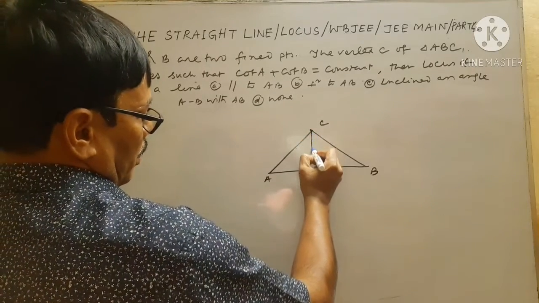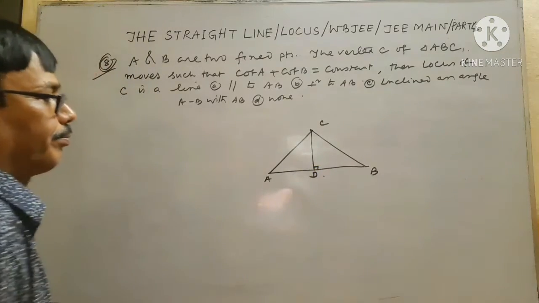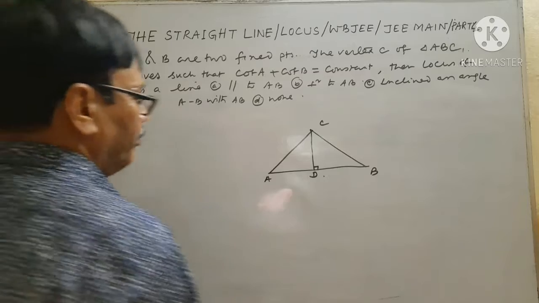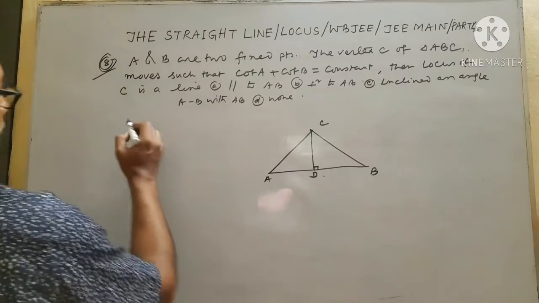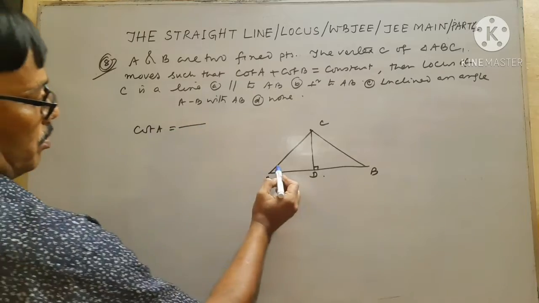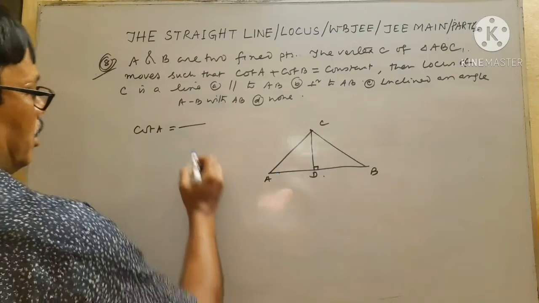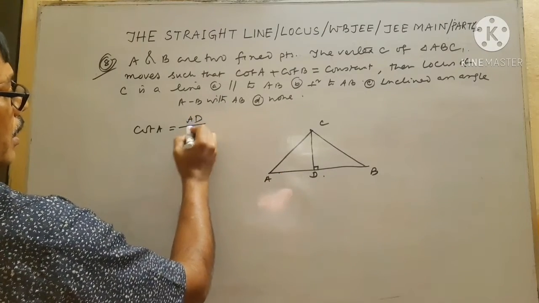So draw the perpendicular, which is CD. What is cot A? Cot A equals AD by CD.